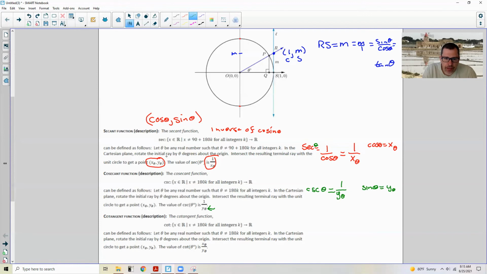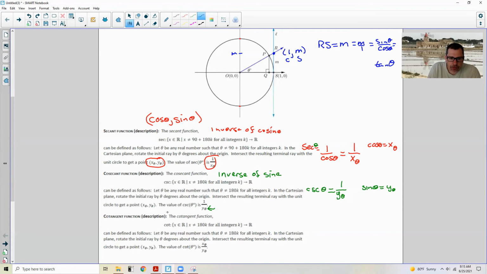So the sine is your y value. Since cosecant is 1 over y theta and sine theta is y theta, the cosecant function is the inverse of sine.